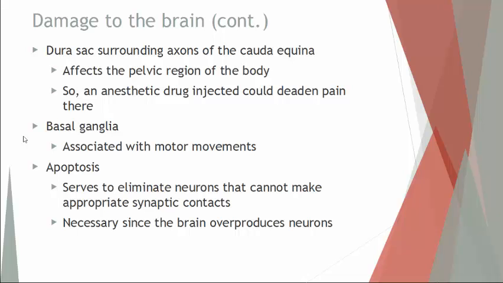The basal ganglia is a key structure of the brain, and it's important because it makes a neurotransmitter called dopamine. Dopamine is associated with motor movements, and is also involved with eye movement, conditioned learning, and emotional maturity.